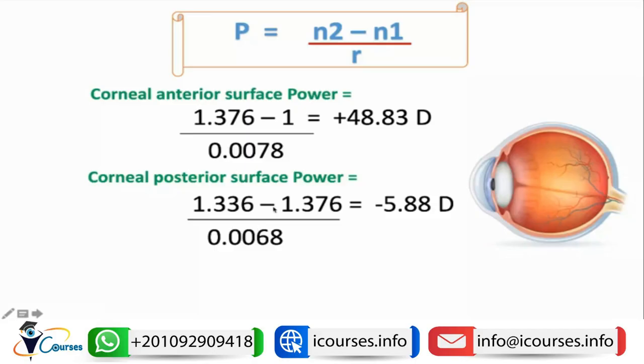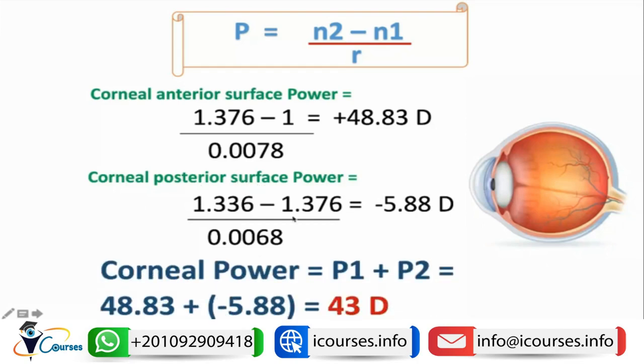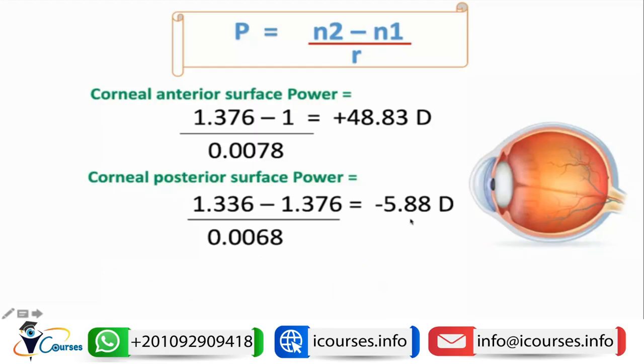And since the refractive index of the cornea is larger than the refractive index of the aqueous, the net result will be a minus value. So the power of the posterior corneal surface will be equal to minus 5.8 diopters. And this is logical because the posterior corneal surface acts as a concave lens, not a convex lens. This is due to its configuration.